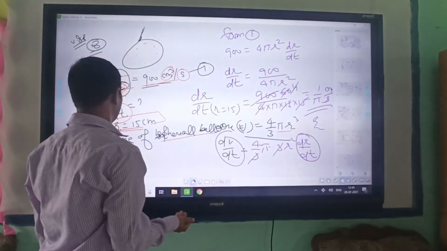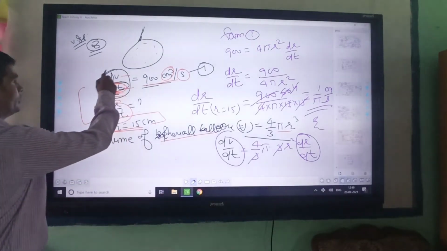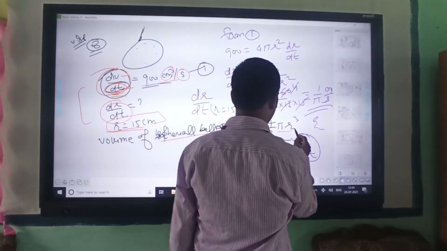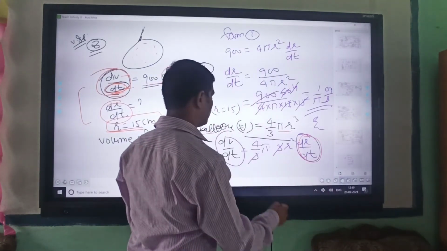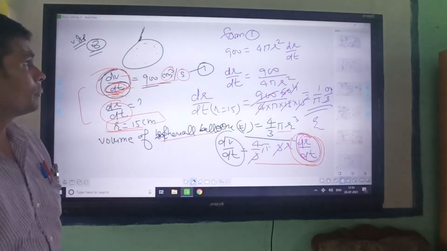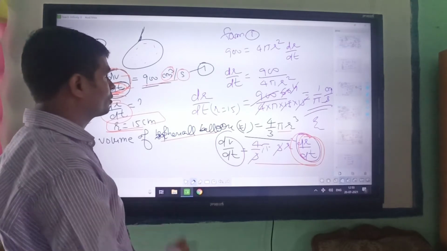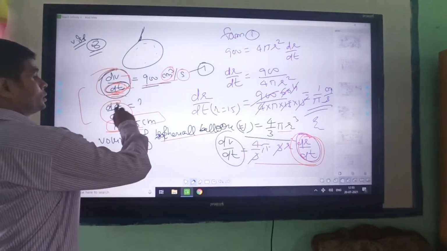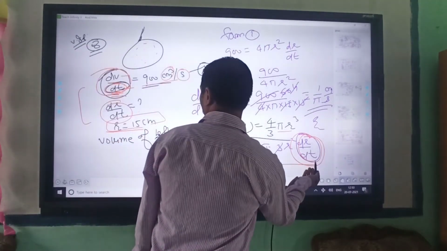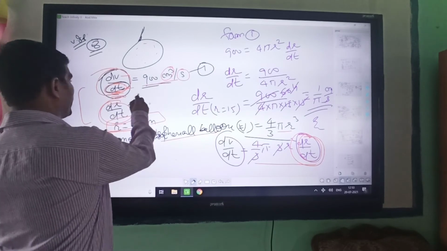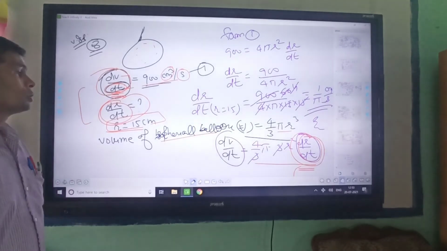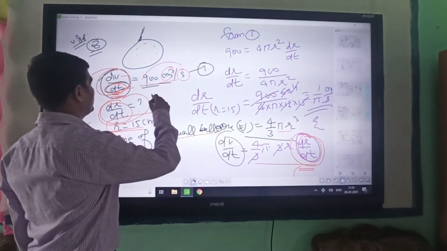So we differentiate, because dV by dt is given to us. dV by dt equals 4/3 pi times 3 r square times dr by dt. This is what we have to find out, dr by dt. The value of dV by dt is given to us as 900.